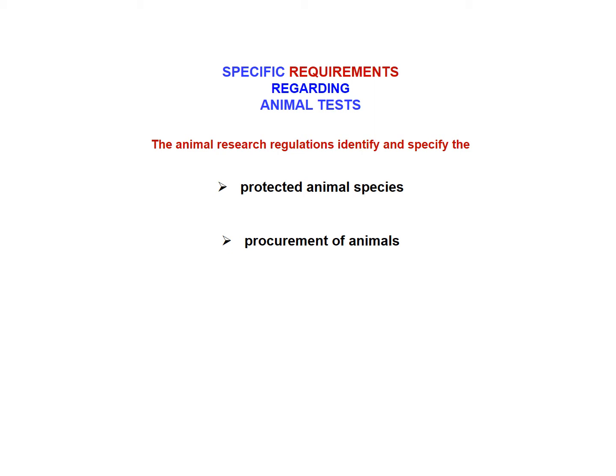And this is a very important aspect to convince the committees that the particular study is going to start on the right foot and in the right direction.